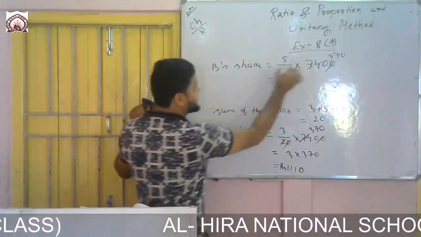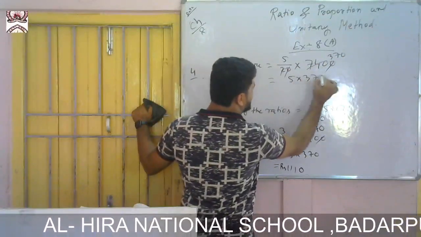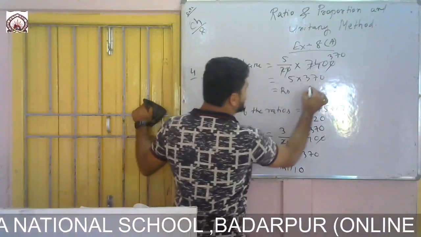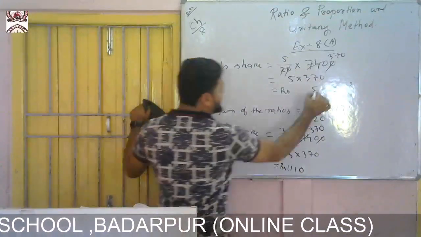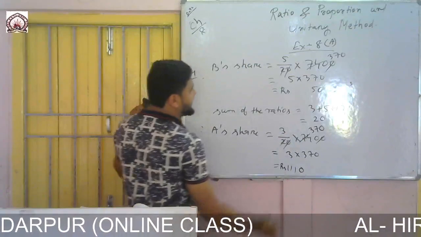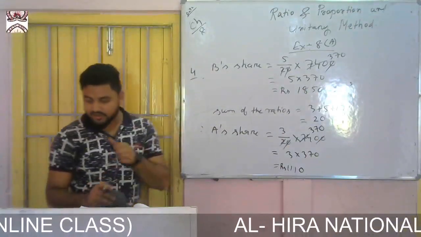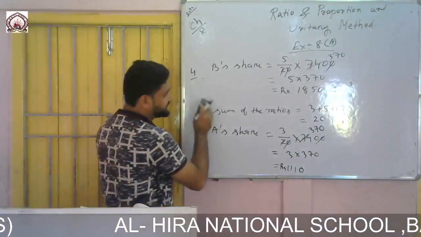In every case it will remain the same. Then 5 into 370: 5 sevens are 35, 5 threes are 15, 15 plus 3 is 18, so 1850.